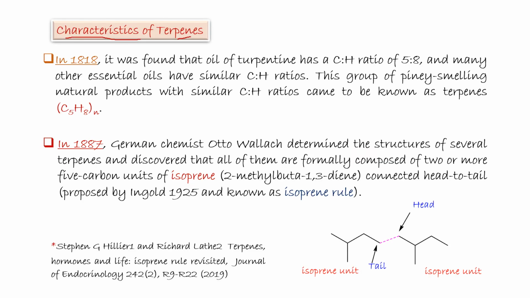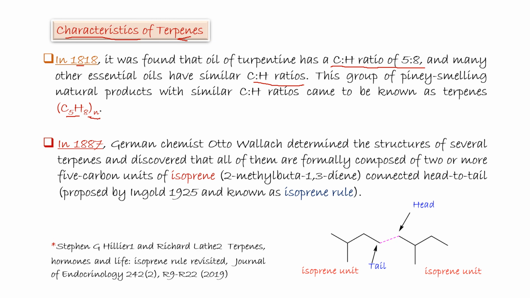Characteristics of terpenes. In 1818, it was found that oil of turpentine has a carbon to hydrogen ratio of 5 to 8, and many other essential oils have similar carbon to hydrogen ratio. This group of piney smelling natural products with similar carbon to hydrogen ratios came to be known as terpenes, C5H8.